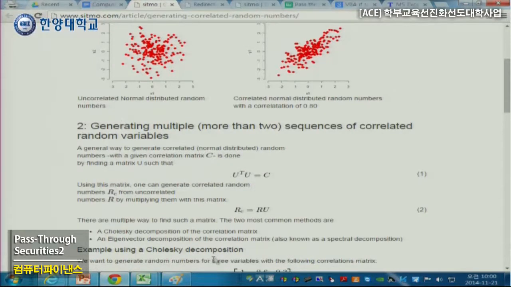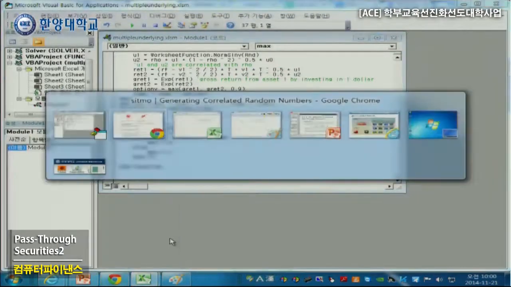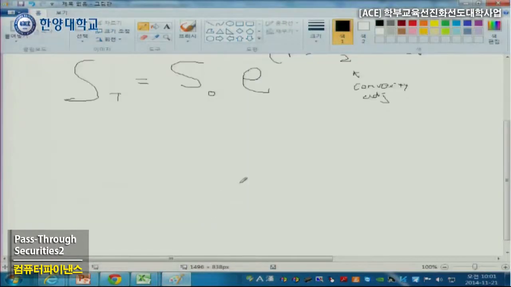Suppose there are multiple assets, and the returns are distributed with mean mu and a variance covariance matrix. This is a multivariate normal distribution, right? So they are all vectors.